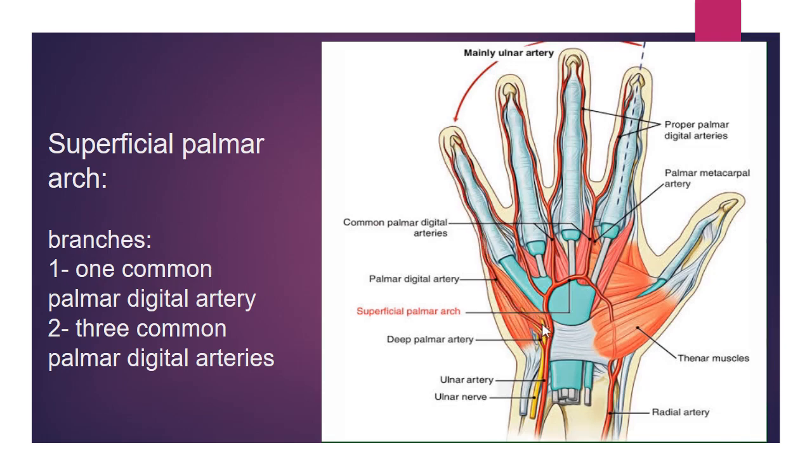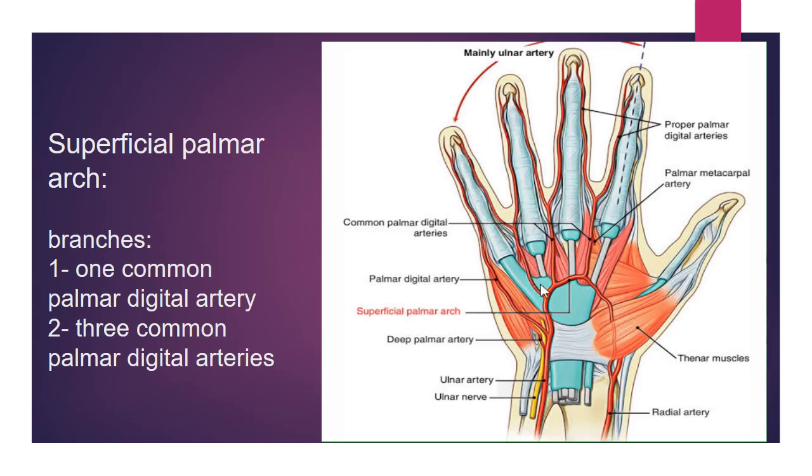It is named the proper palmar digital artery for the fifth finger, right? Now, the second branches which arise from the superficial palmar arch are the three common palmar digital arteries, 1, 2 and 3.